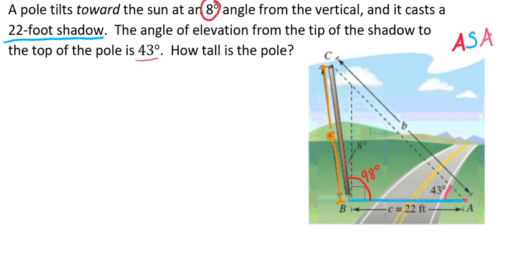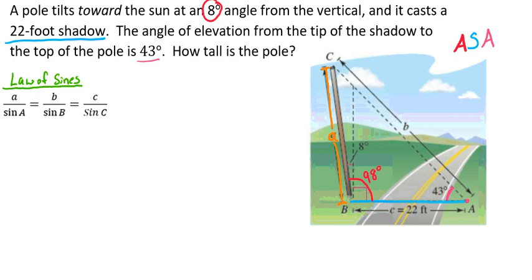So this is an angle-side-angle case, and for this we're going to want to use the law of sines. Let's remember what the law of sines is. We're looking for a side and an opposite angle that it gave us.